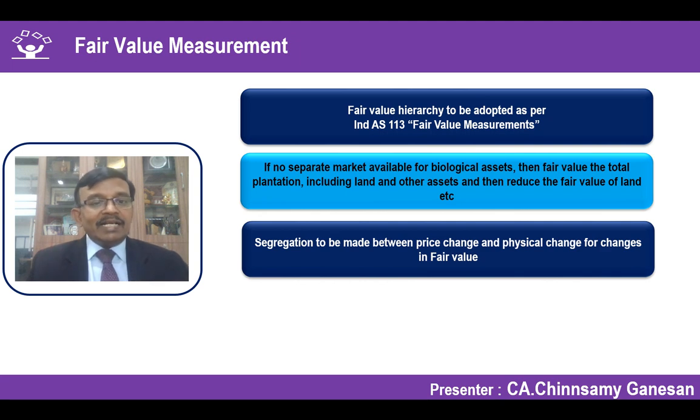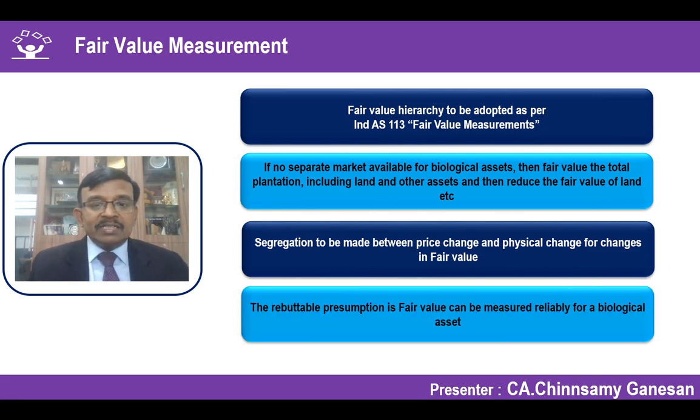So what we are trying to identify is the price change and the physical change. Both are considered as fair value changes. One important point is that the rebuttable presumption is that fair value can always be measured reliably for a biological asset. So you cannot say, sorry, I could not relate the biological asset.